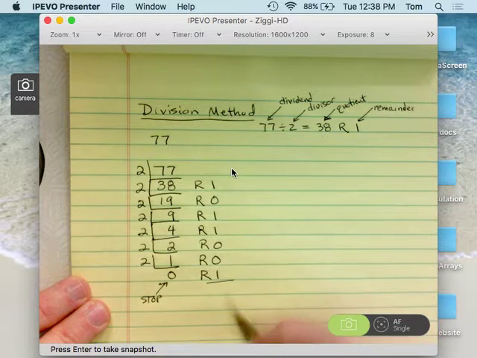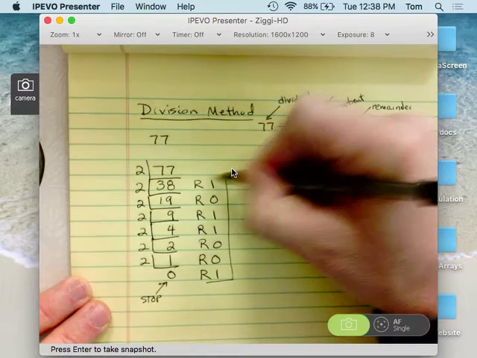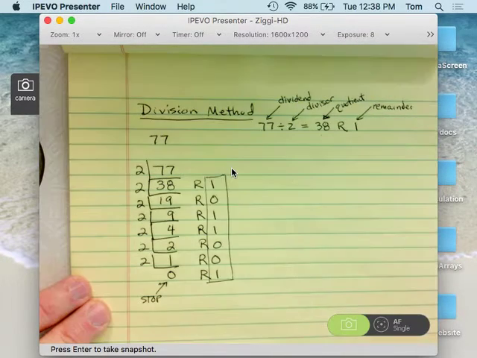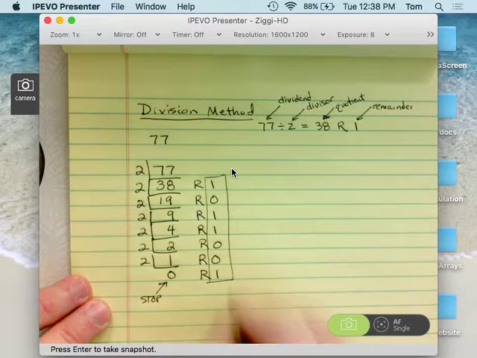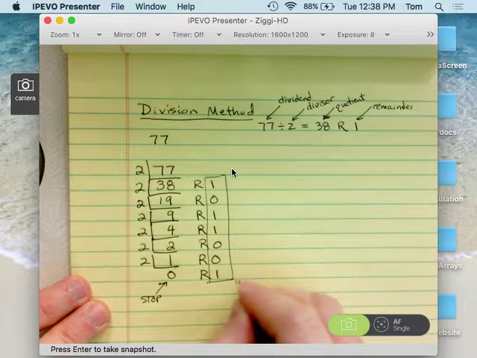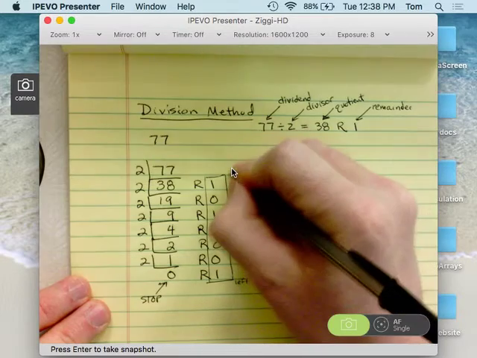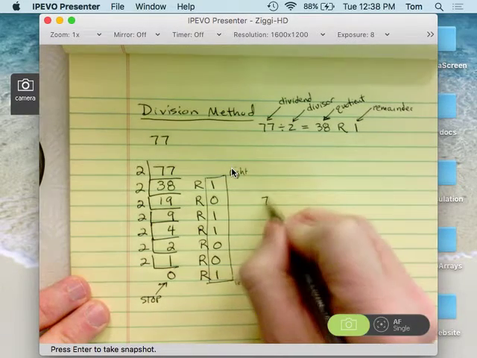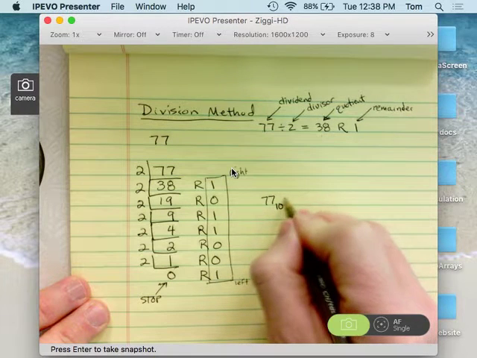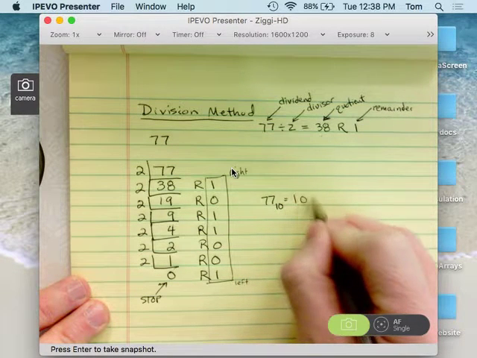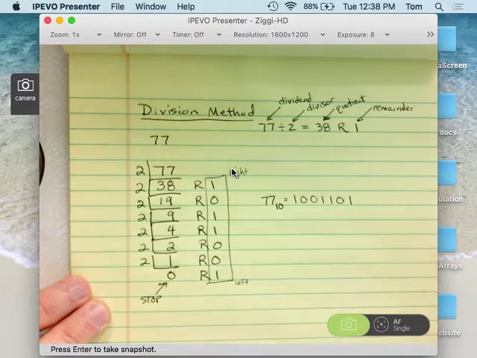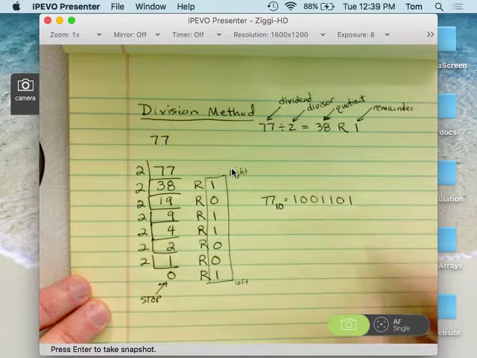These values over here are my binary number. It goes from bottom to top, left to right. So 77 base 10 equals 1001101 base 2.